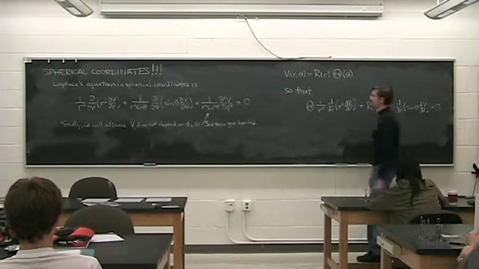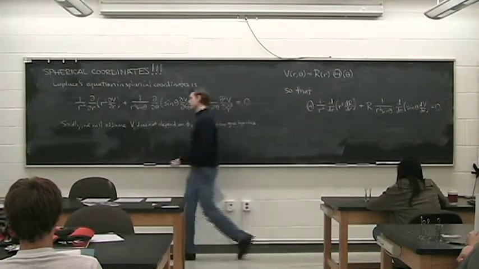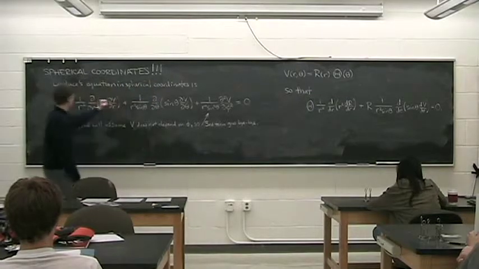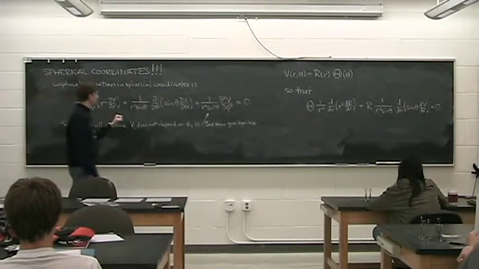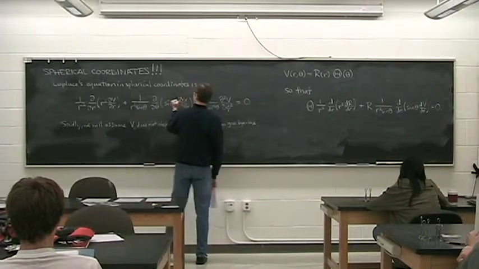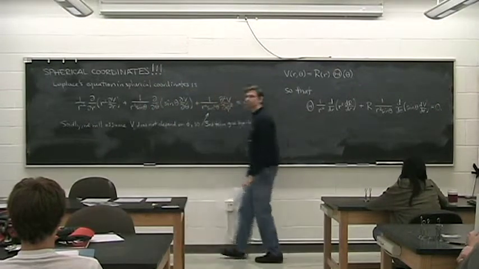In other words, we've done what we did before. When you're differentiating with respect to r, theta doesn't care, so it flies outside. When you're differentiating with respect to theta, r doesn't care, so it flies outside.